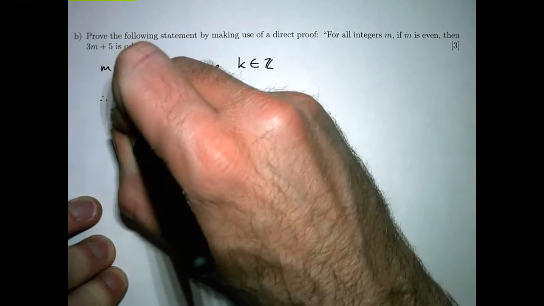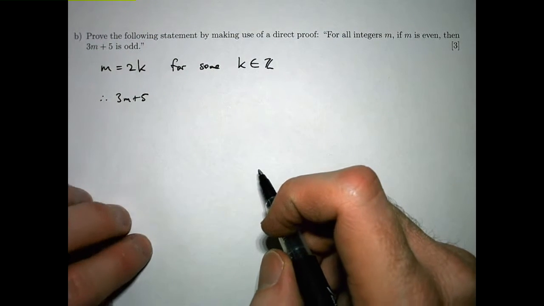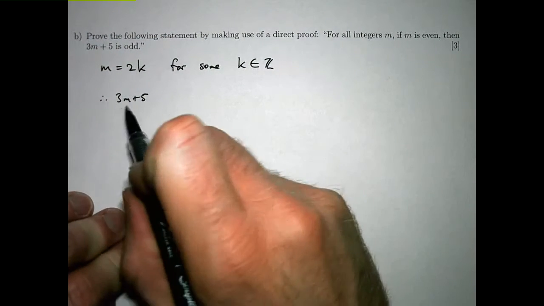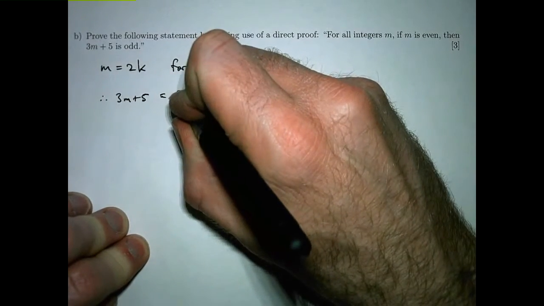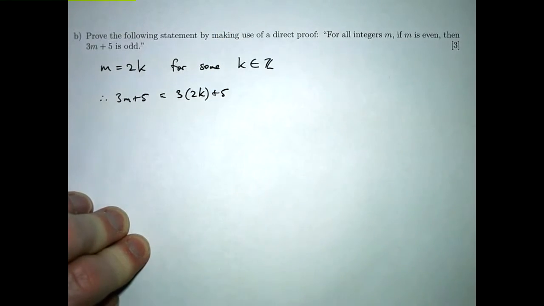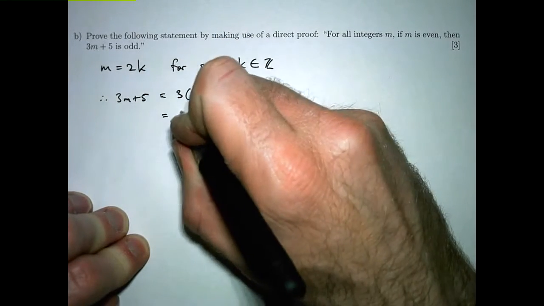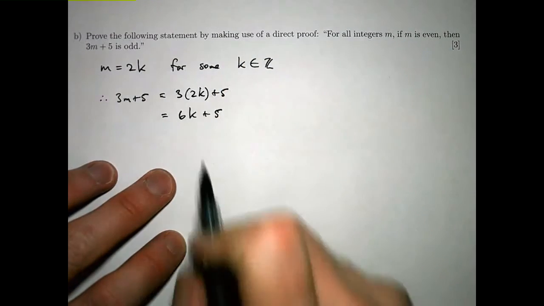So we want to show that 3m plus 5 can be written as 2 times some integer plus 1. Now we know that m is 2k, so 3m plus 5 is equal to 3 times 2k plus 5, and if we just multiply that out, we get 6k plus 5.